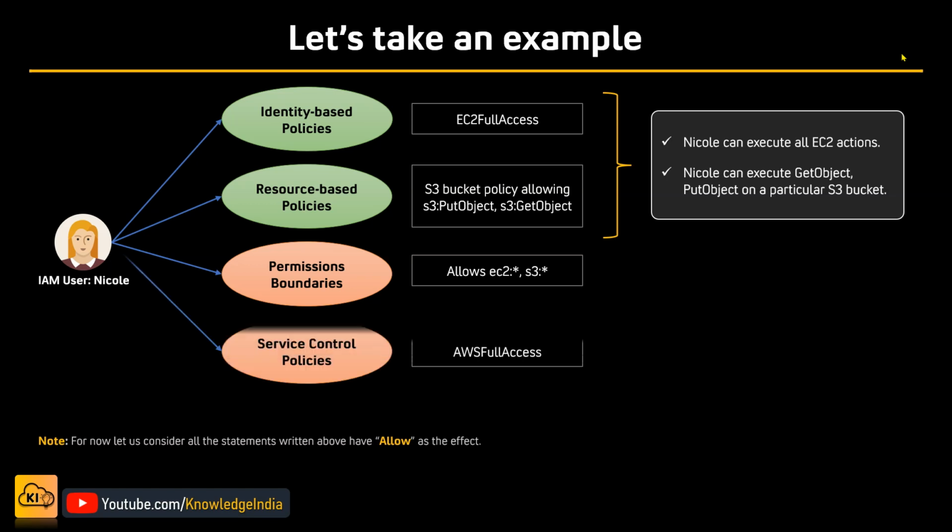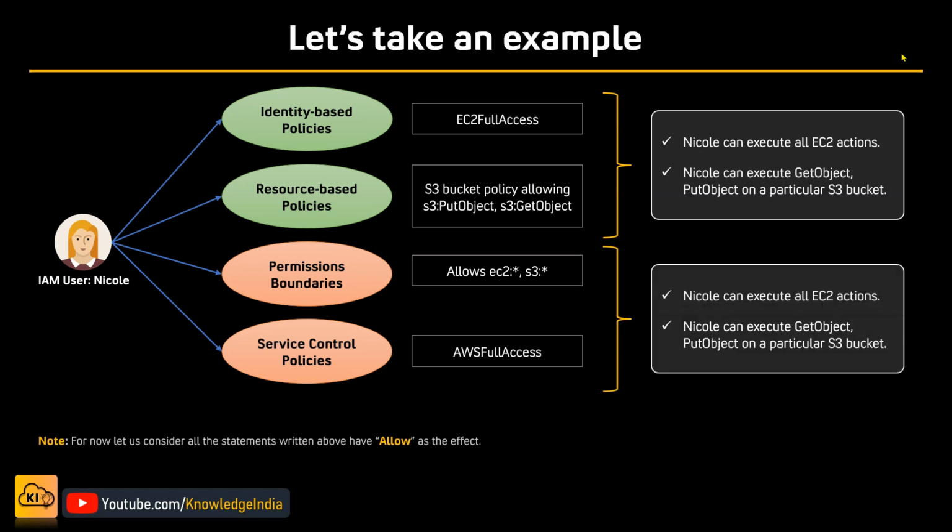And further, let's say I've also applied a service control policy from the top at the account level in which I have allowed AWS full access, right? So what sort of actions can Nicole execute now after applying these two things? Even then, the result remains the same, right?